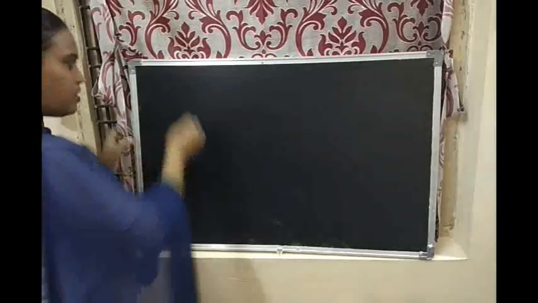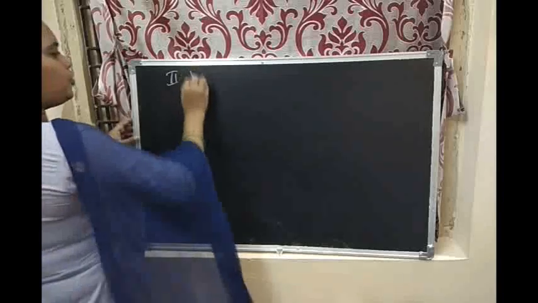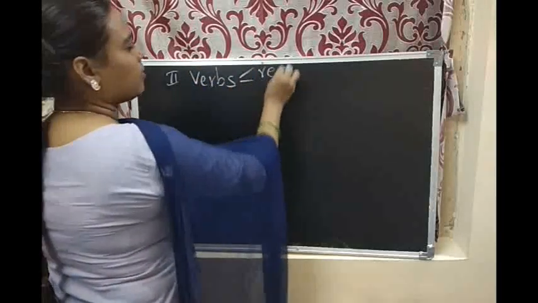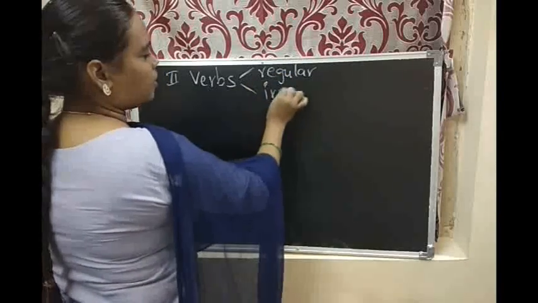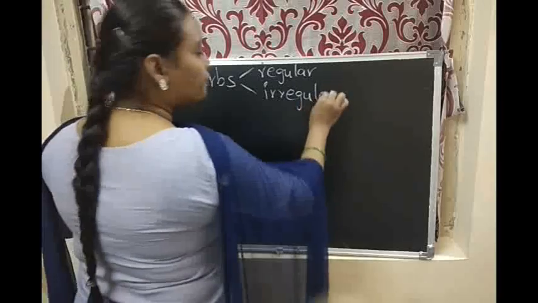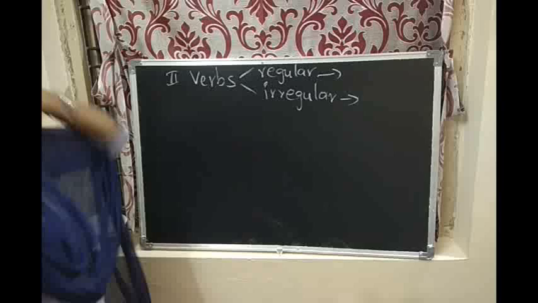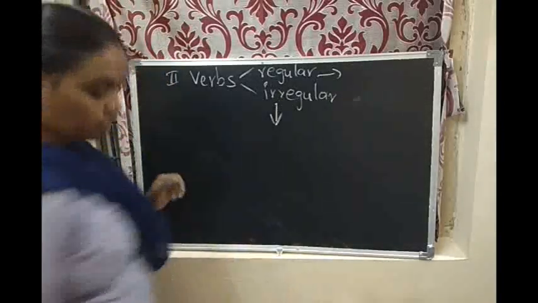Now coming to our second aspect. What is our second aspect? Verbs, regular and irregular. First, what is meant by regular and what is meant by irregular? You can solve it like this.